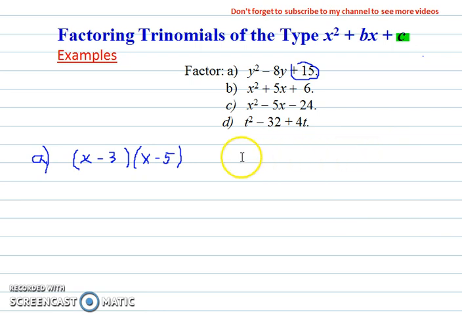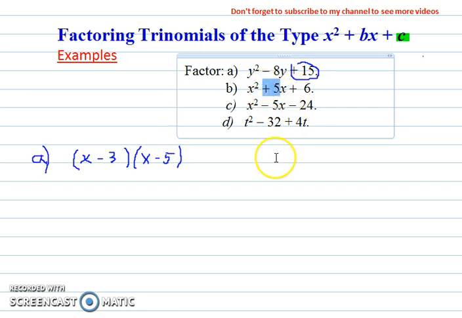We're going to try the second one, where we have x squared plus 5x plus 6. We see in this one that the sign of the constant term c is positive, and the sign of the coefficient of x is also positive.